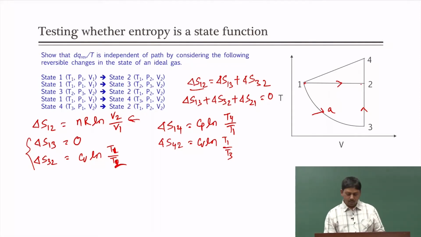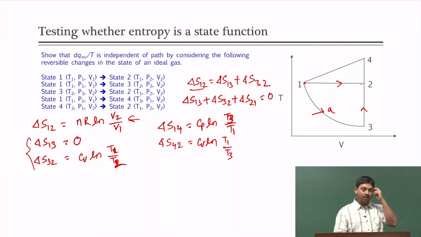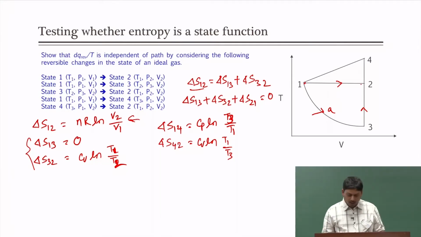Then 1,4 is T3 by T1 and 4,2 is T1 by T3. Now it is fine because there are only 3 values. We should write that, but it is already written here, so that is why I was not writing it, but we can do that.